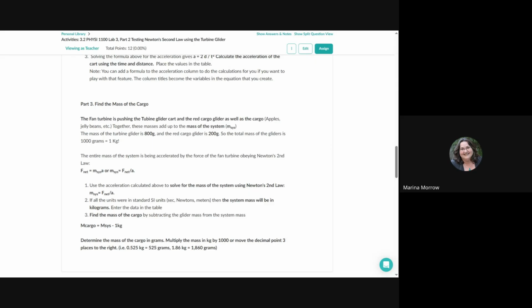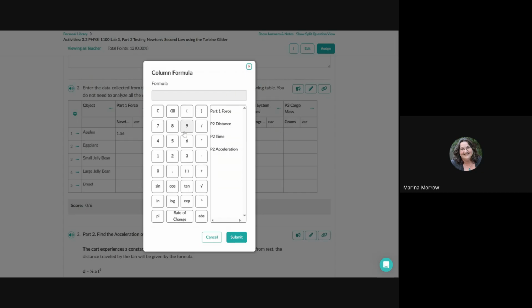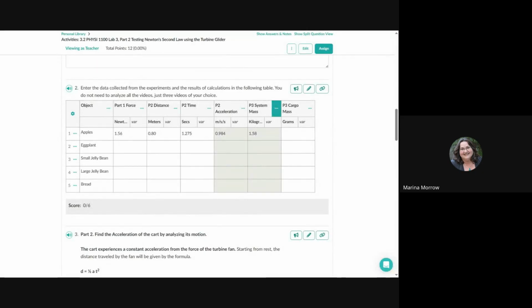Okay, but first you can put in this formula. Mass is going to be net force divided by the acceleration. Easy as can be. Now that again is the whole system mass, and you can see that this is over 1.